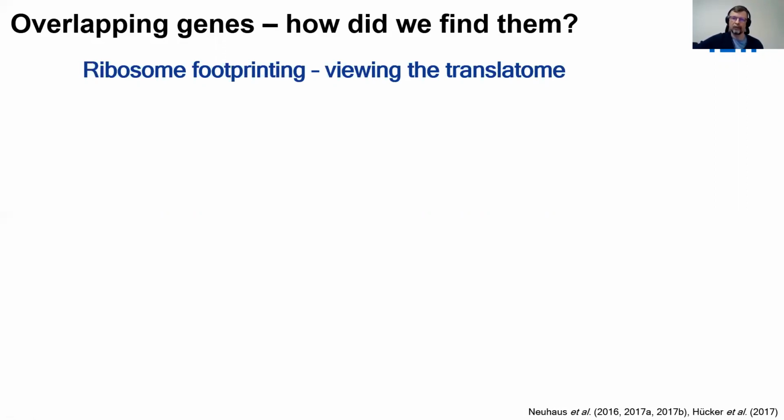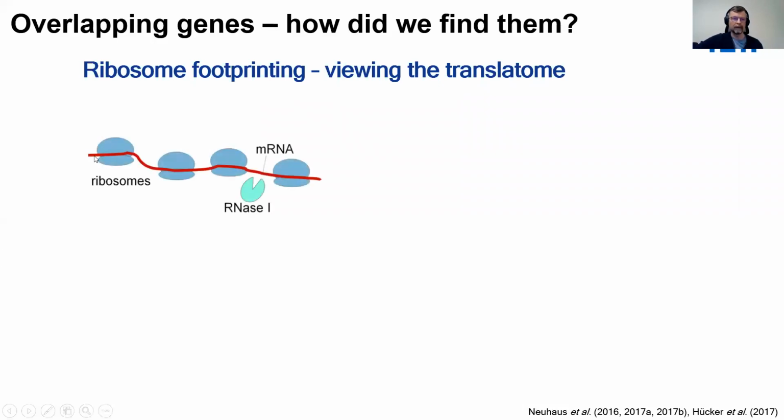So you produce a messenger RNA, and then you have the ribosomes on top of it. Here in red, the messenger RNA, and then the ribosomes in blue. You isolate those translating ribosomes from a bacterial strain of your interest, Pseudomonas, E. coli, whatever you like. And then you apply an RNase, and the RNase will eat away the messenger RNA between the ribosomes.